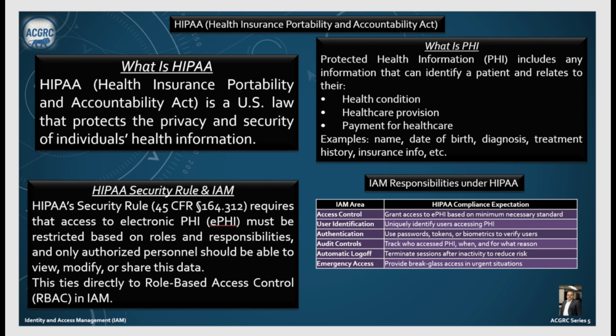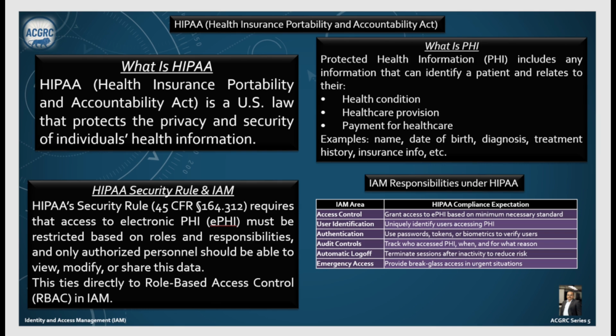This ties directly to the role based access control in IAM. So, IAM responsibility under HIPAA, from an access control perspective, is to grant access to ePHI based on minimum necessary standards. From a user identification perspective, it uniquely identifies users accessing PHI.